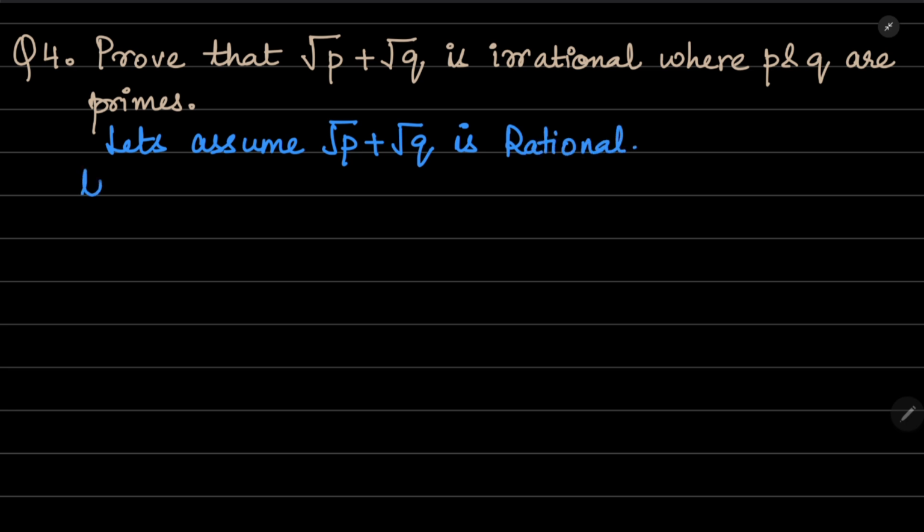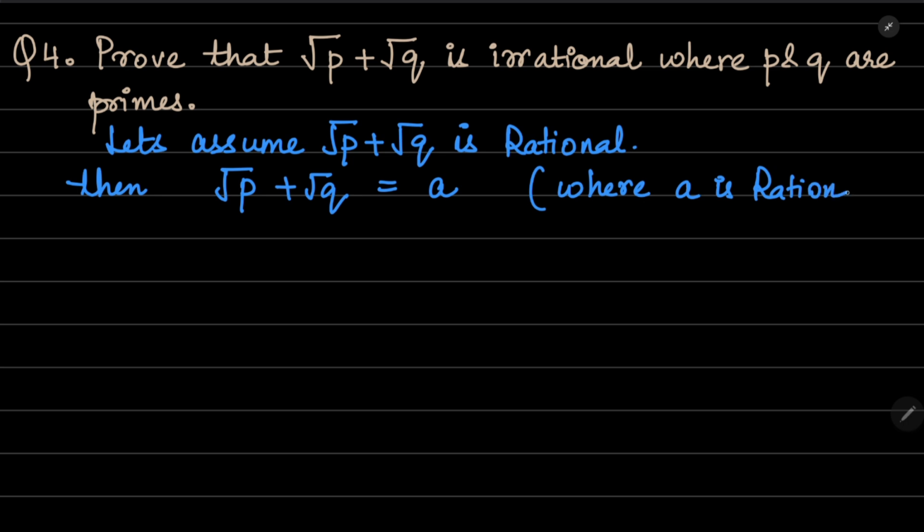Then let root P plus root Q be some variable A, where A is rational, and rational means it can be written in the form of P by Q. Let us keep root P on one side and take root Q to the other side. So root P equals A minus root Q.